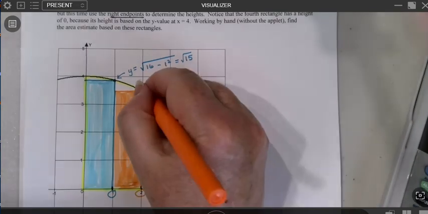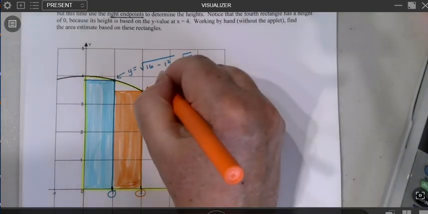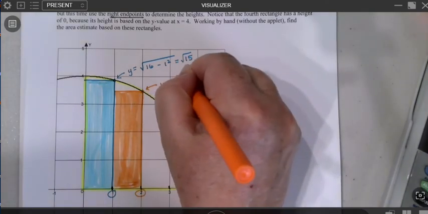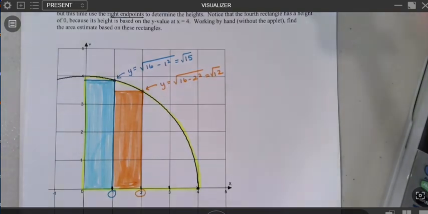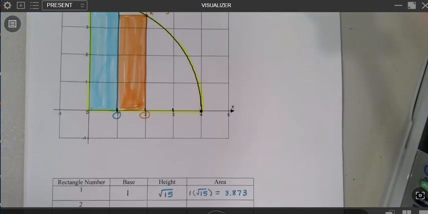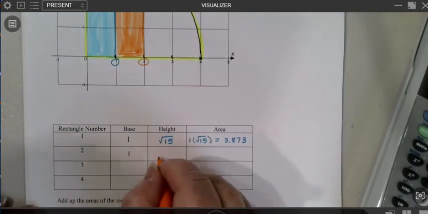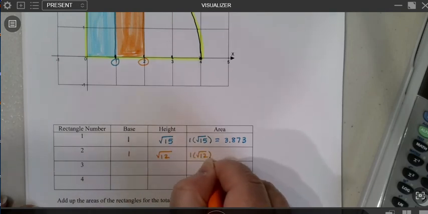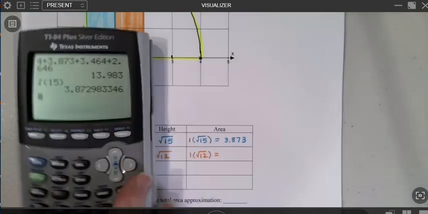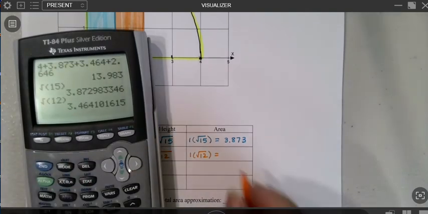In the height function, I would have to plug in an x of 2 to figure out the height of that rectangle. So that's going to be the square root of 12. Base of 1, height is the square root of 12, about 3.464.